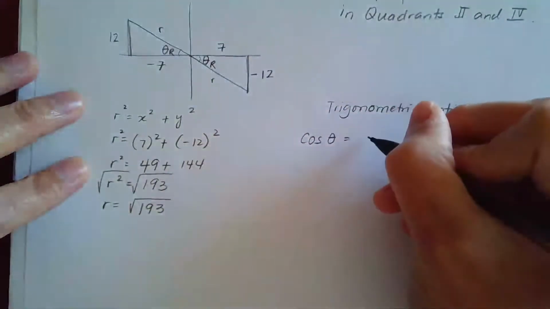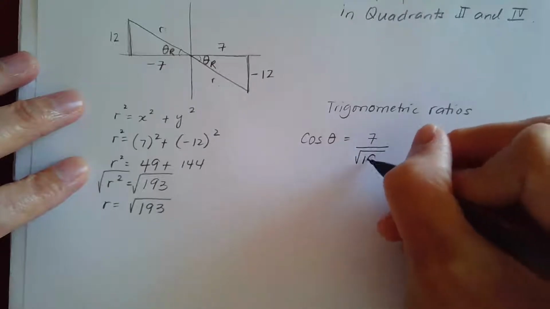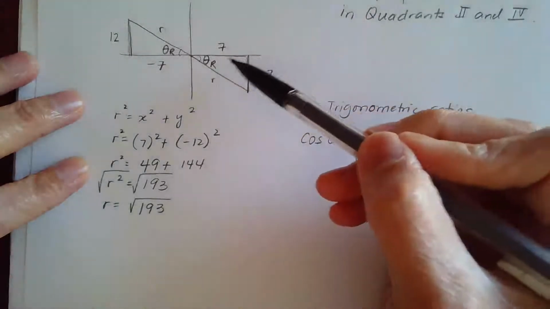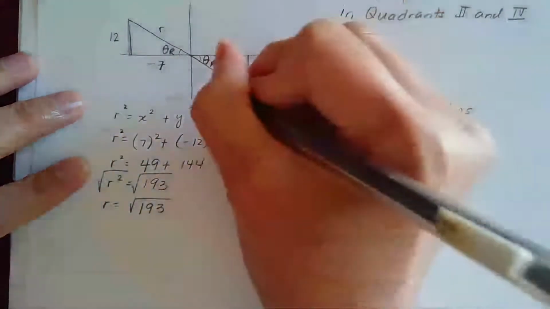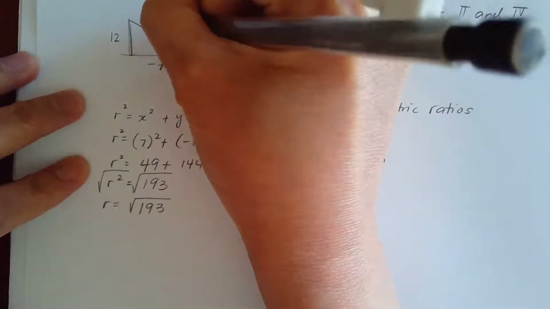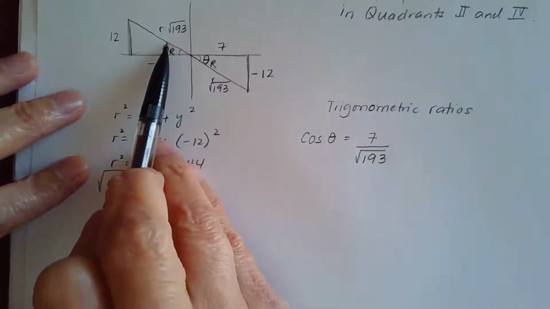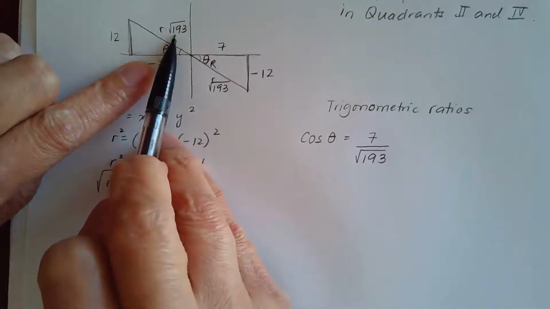So adjacent is 7 over the hypotenuse, root of 193. But if we're looking at this angle over here, adjacent is a negative, hypotenuse is a positive.